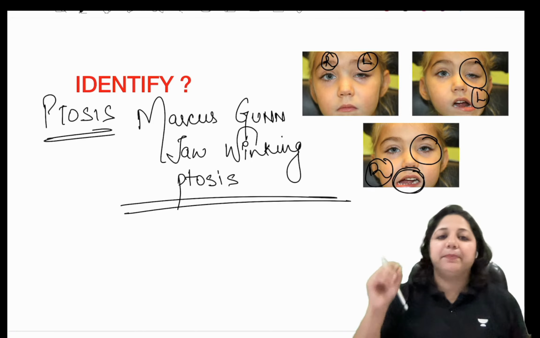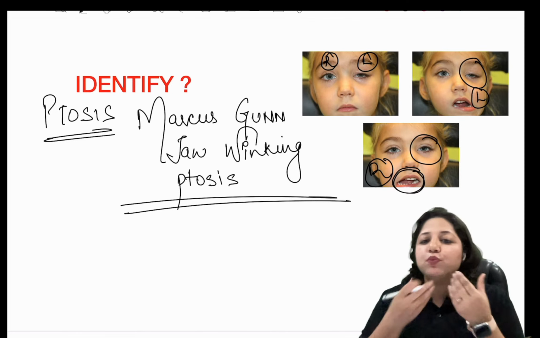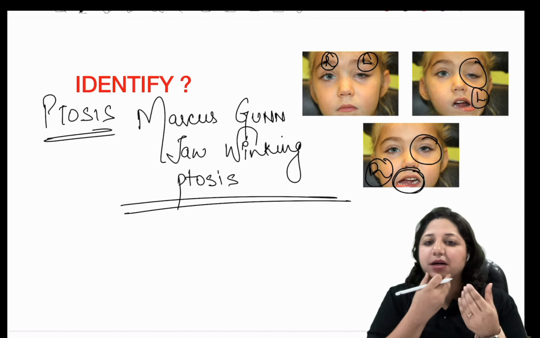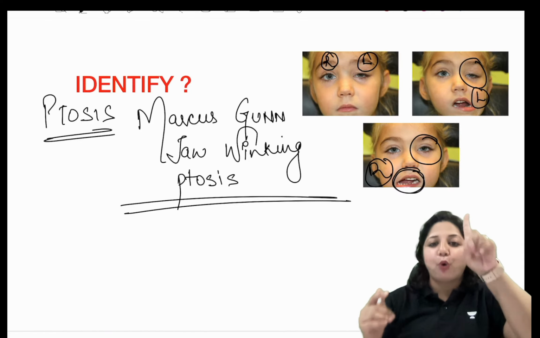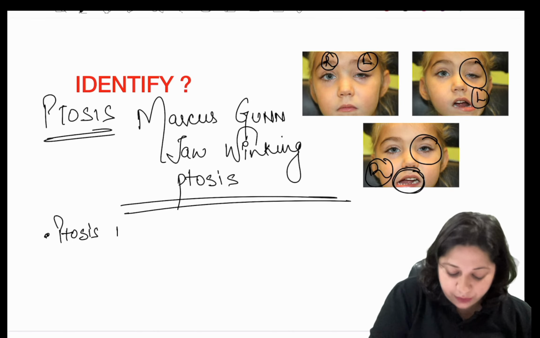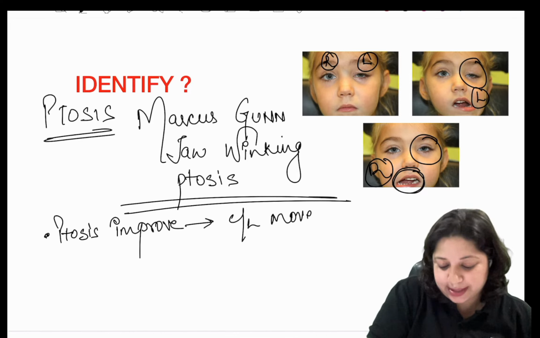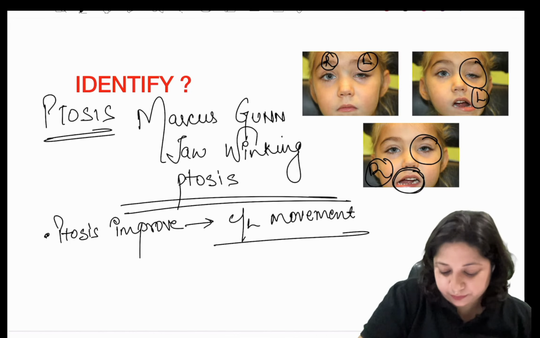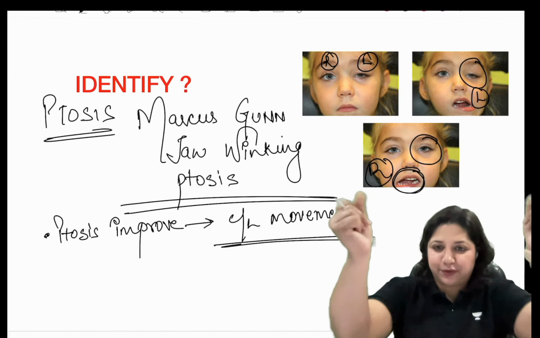So what happens is when you move your jaw like this, there is improvement in the ptosis. And the point to remember here is the ptosis improves on the movement to the contralateral side. Ptosis improves when the jaw moves to the contralateral side.